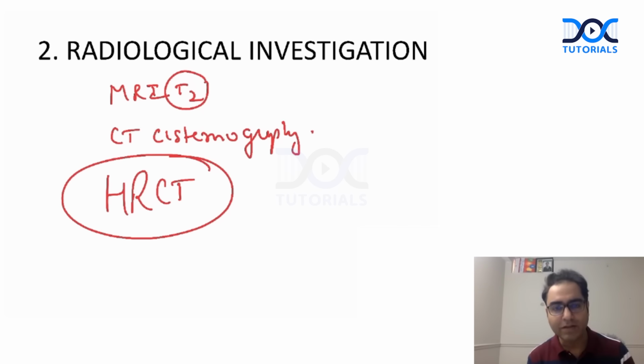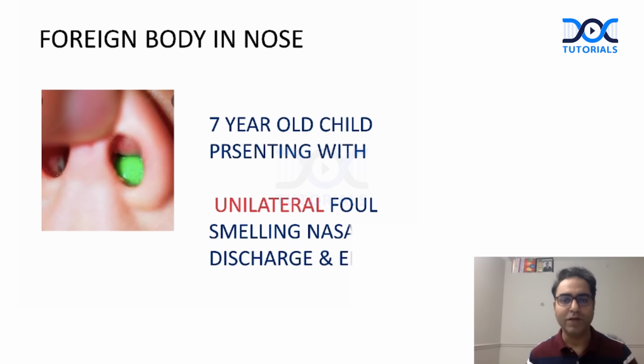Now, next clinical scenario, foreign body in the nose. Again, a very famous question. There is a 7-year-old child who put a foreign body in the nose a few days back. The foreign body in a school-age child may be missed. The child may not tell the parents. This infected foreign body will start emitting a bad smell.